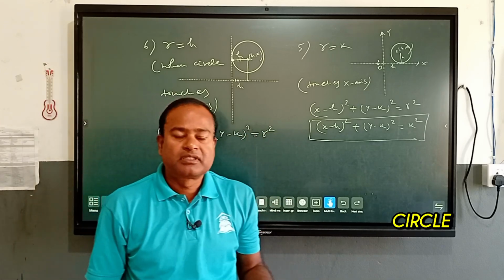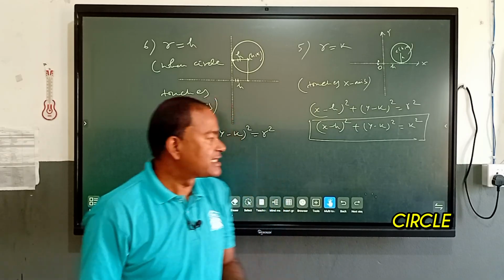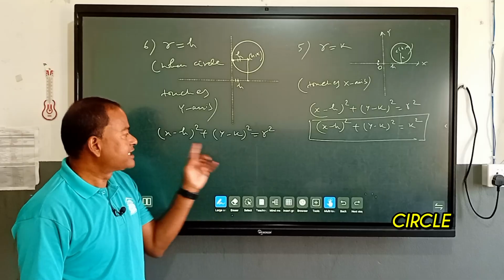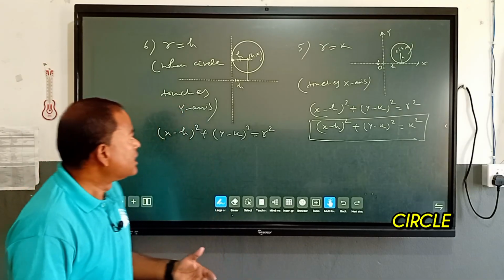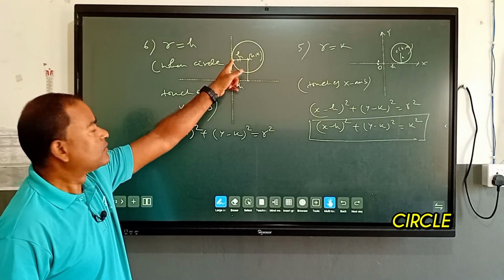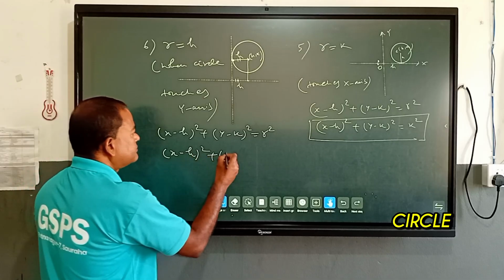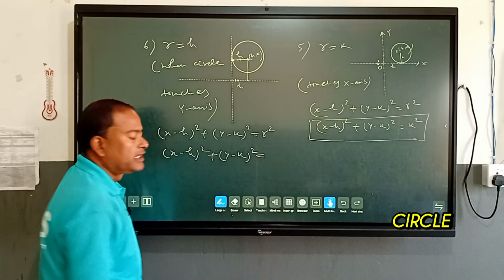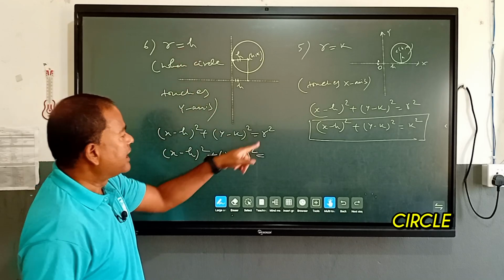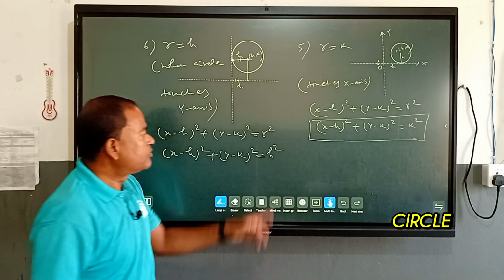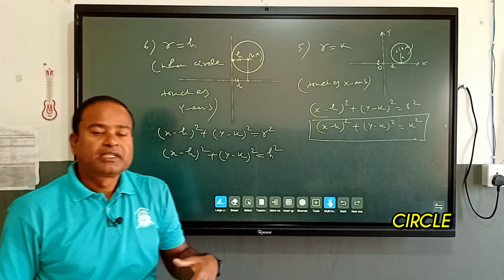the equation of a circle in the central form, that means when the center of a circle is at the point h comma k, then the equation of the circle is given by x minus h whole square plus y minus k whole square equals r square. Now when the circle touches the y-axis, the equation will change by putting the value of r as h.